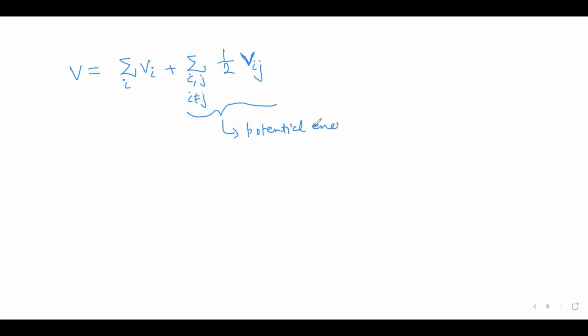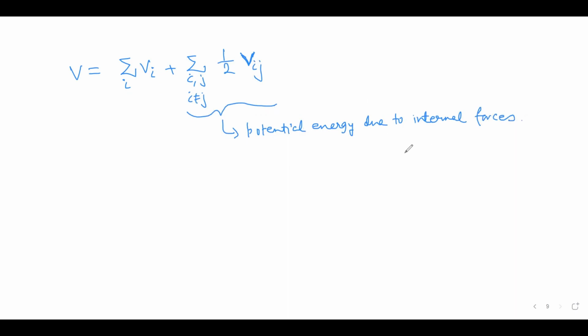So the potential energy that we defined is Vi plus sum over i comma j, i not equal to j, half of Vij, where Vij is the potential energy due to internal forces.